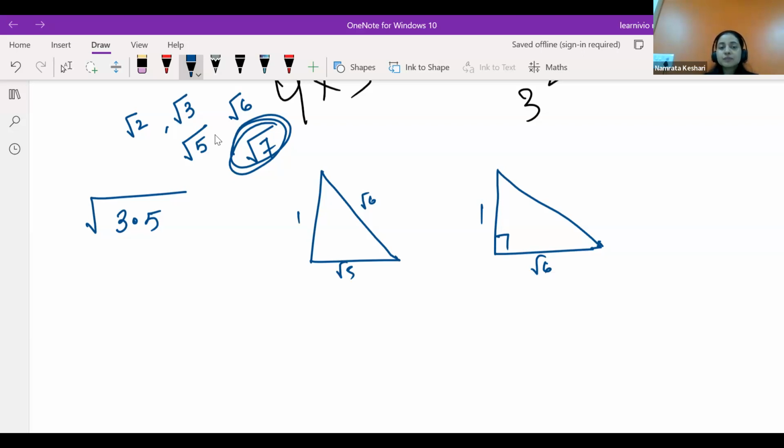Ma'am, can you explain it again? If you have to locate root 6, how will you locate it on the number line? Ma'am, root 3 and the height is root 2, or what? Root 3 whole square is just 3.